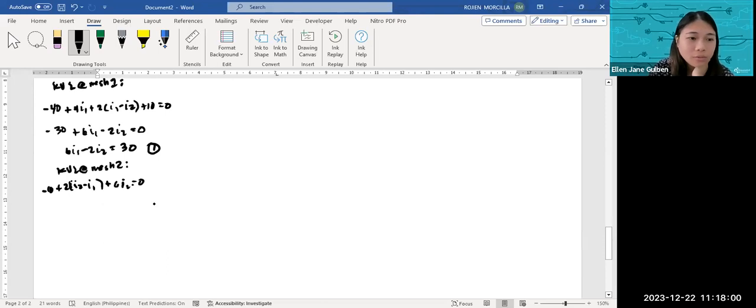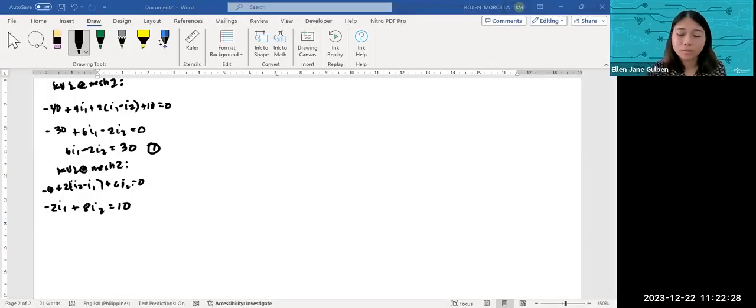So we have negative 2I1 plus 8I2 is equal to 10. We find the value of our I1 and I2. Okay, so I1 is equal to 5 over 11. I2 is equal to 30 over 11.